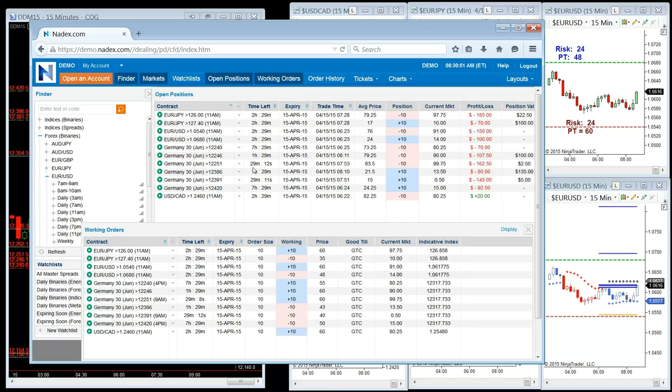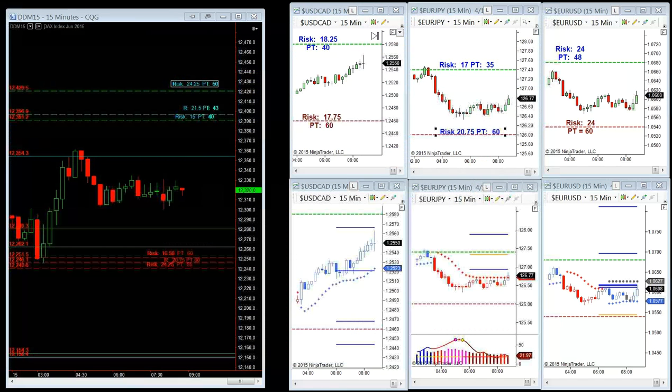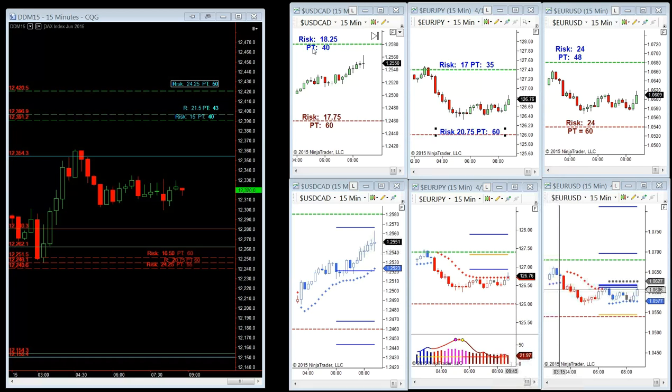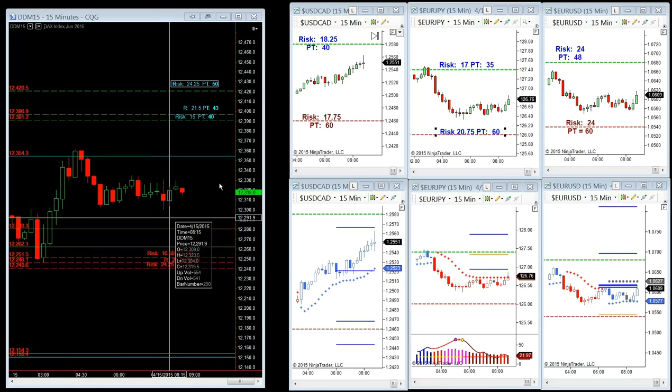They've got 30 minutes to move for us in our direction. But all of the others are actually out. These are Ninja Trader over here, Stewart with Kinetic, and this is multi-charts with CQG.